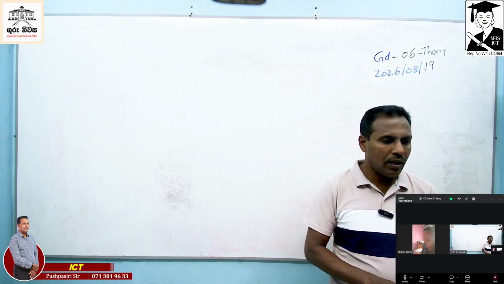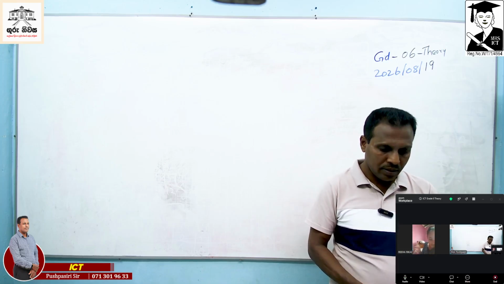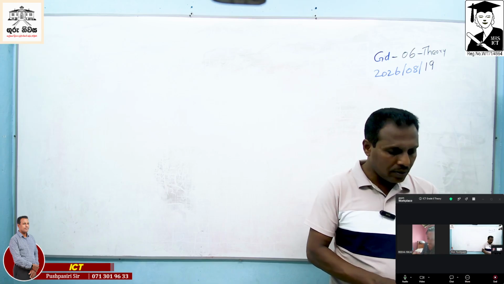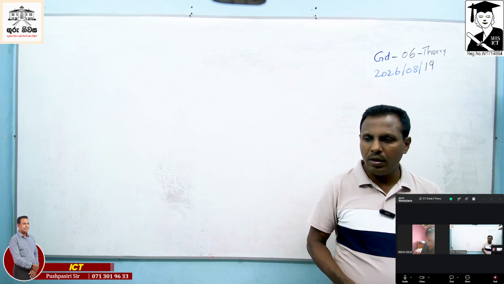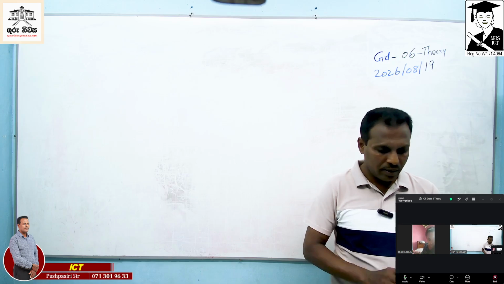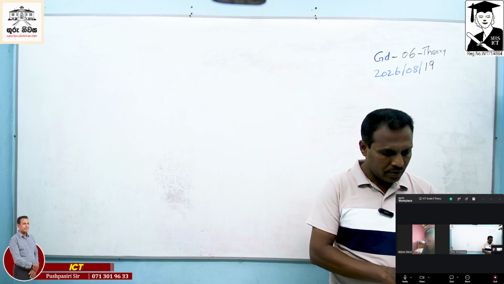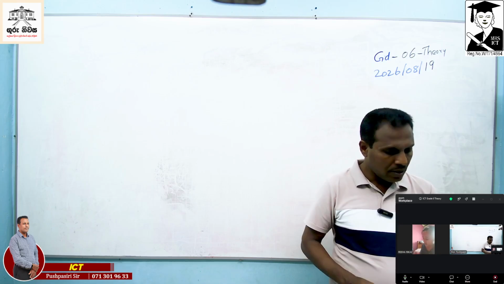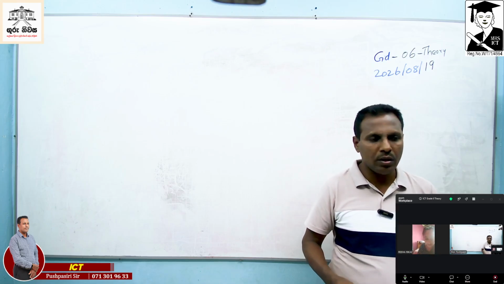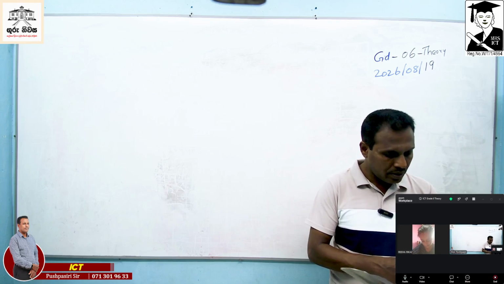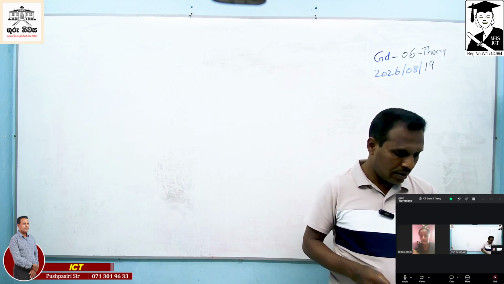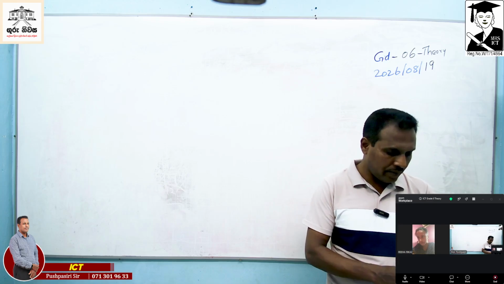Did we do it? We did the symbols, remember. Then what about 5.4? Did you do 5.4 of the activity book? Yes, did. Right.